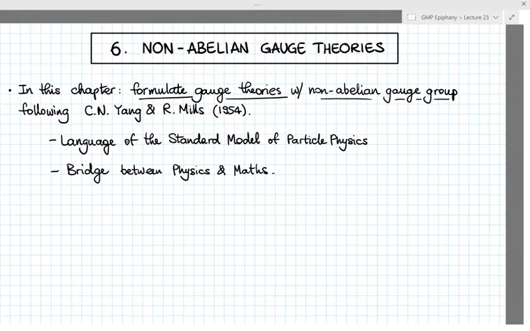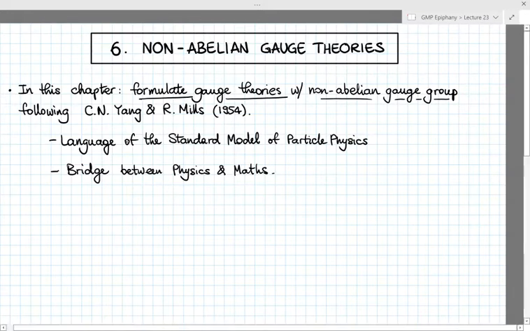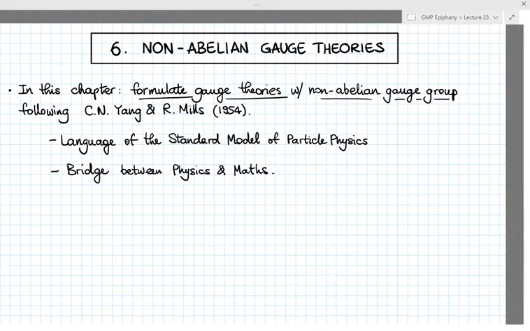We'll spend the rest of the term studying the geometry and also some topology, which underlies non-abelian gauge field configurations. But before we do that, we need to go through the formulation of non-abelian gauge theories. And in this chapter, we'll take more of the physical route. We'll go to the mathematics later.